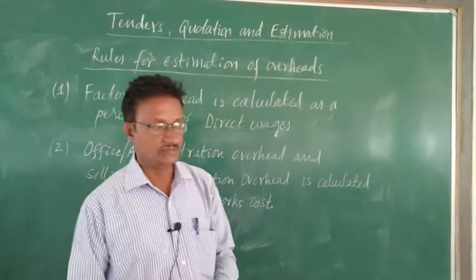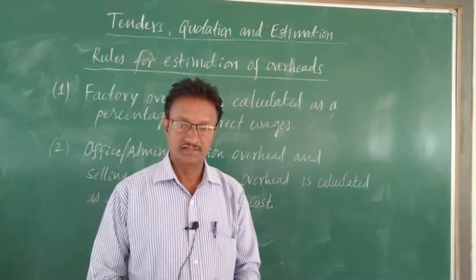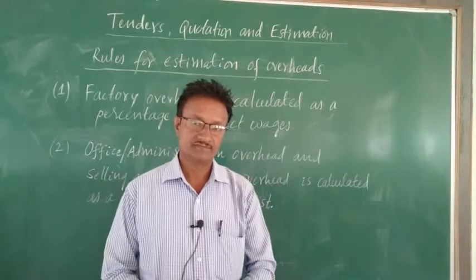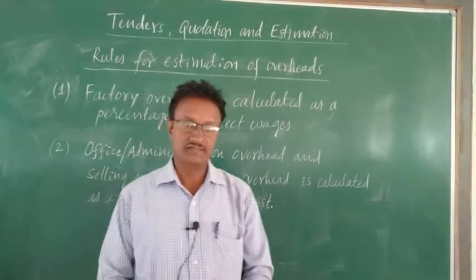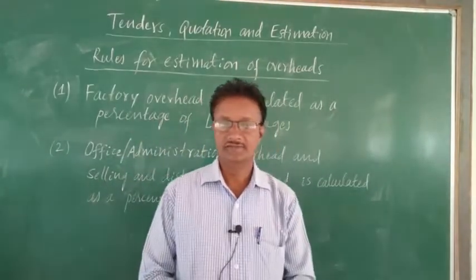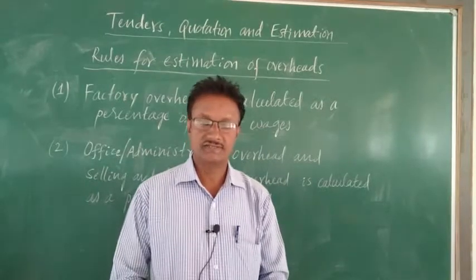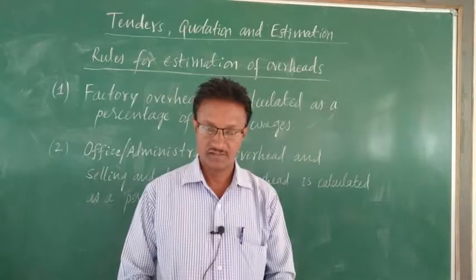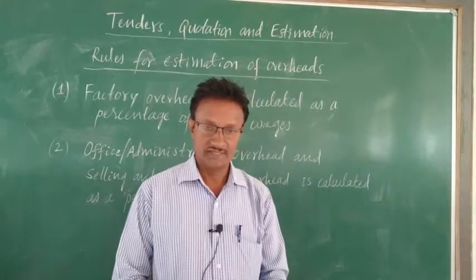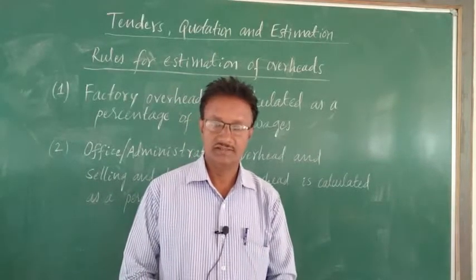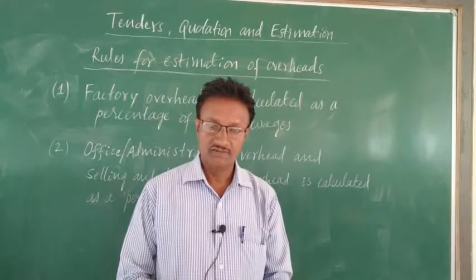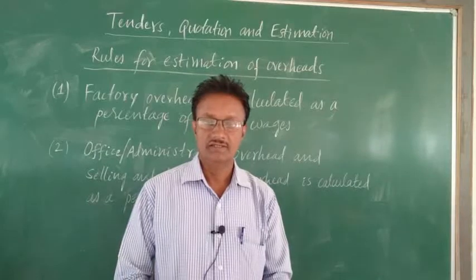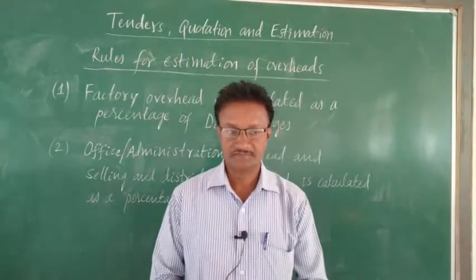And estimation means it is an approximate price which is calculated on the basis of past records, general opinion and judgment. So sometimes we are required to estimate the total cost of production.